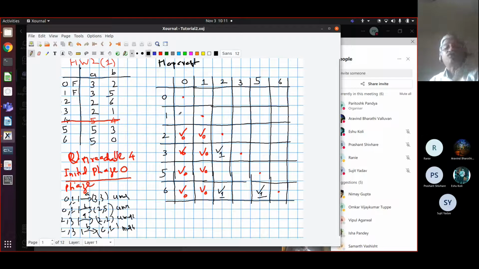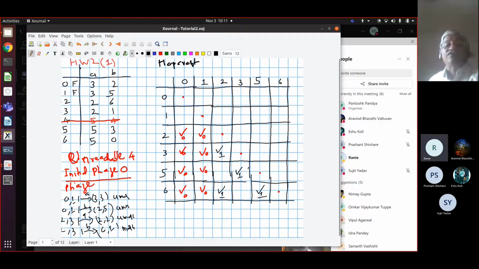It can't be marked. So we have 3 equivalences. 0 equivalent to 1. We have got 2 equivalent to 5. And we have got 3 equivalent to 6. So that's one more empty box. Which one? 3 and 5. It can be marked also. 5, 3. Yes, and that can be separated now, right? In which phase?